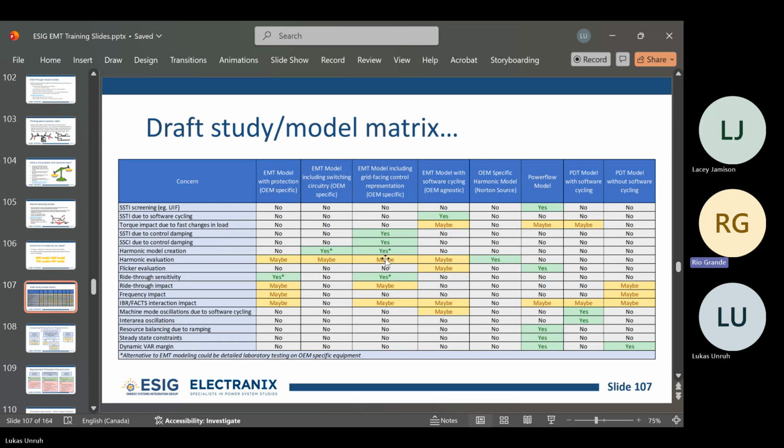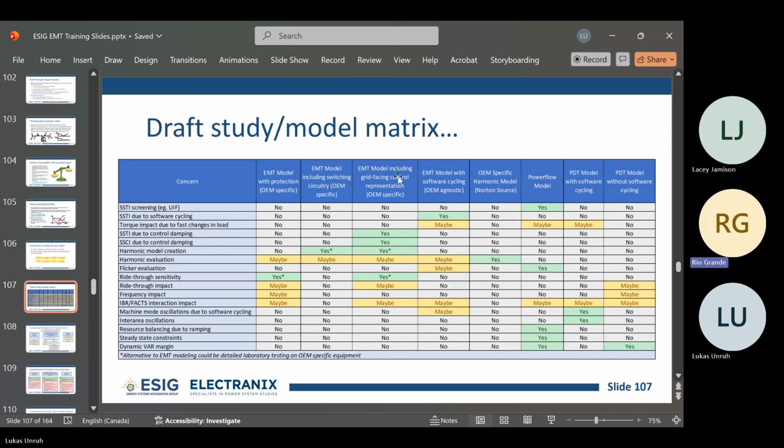And even if it's not happening at a certain frequency, just having a lot of big load steps in the system, even if they're not lining up with a certain frequency component, can still have some impact. So that's what that row is for. And again, that's basically the same as the software cycling item.